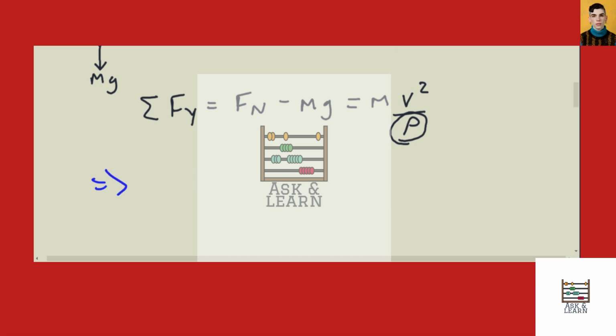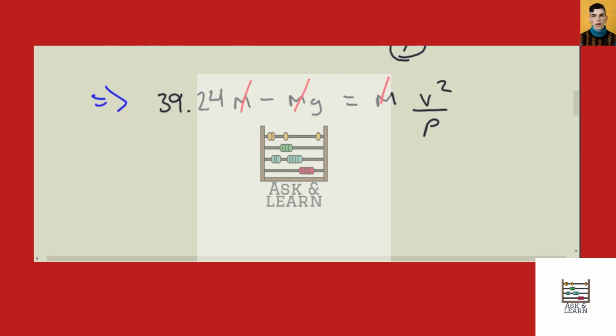So now let's plug in Fn because it's given. So we have 39.24 times mass minus mass times gravity is equal to mass times velocity squared divided by rho. As you can see, every part has an m, so we can cancel that.